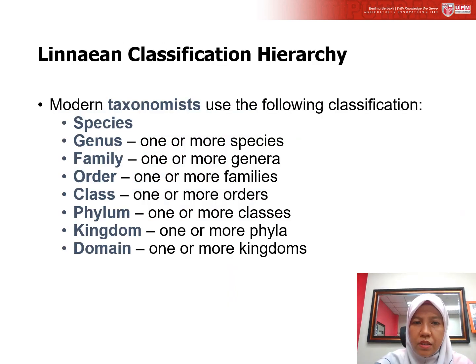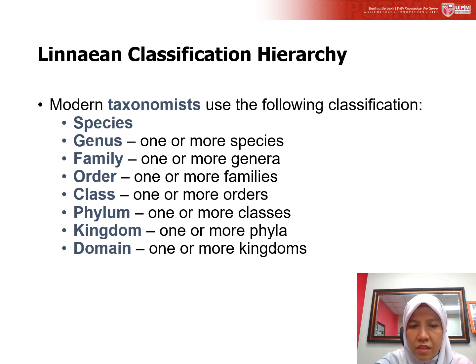Modern taxonomists use the following classification. You can start from the domain, which is the highest taxonomic category. A domain is one or more kingdoms. Then a kingdom is one or more phyla. A phylum is one or more classes.